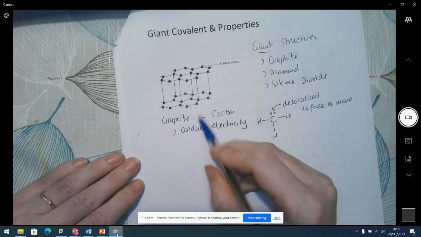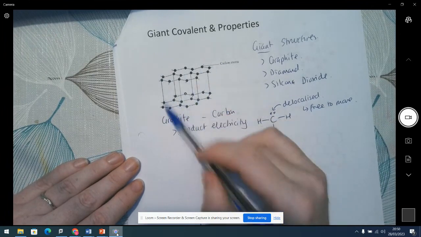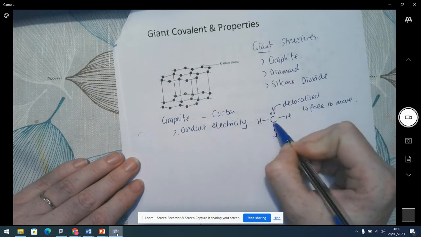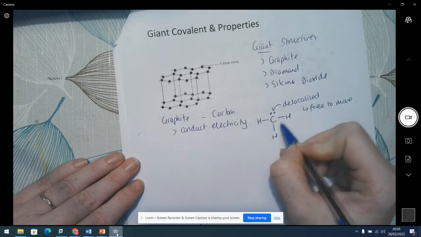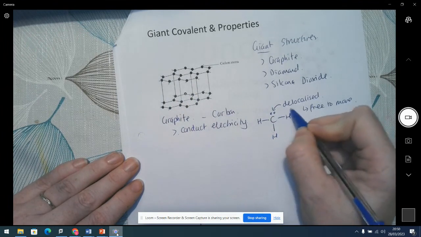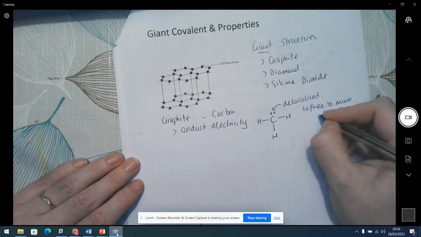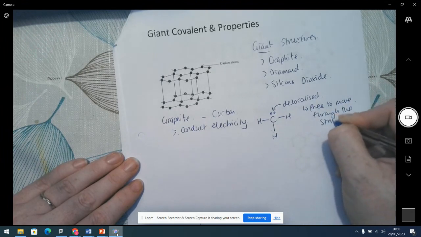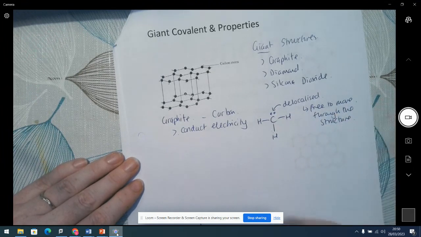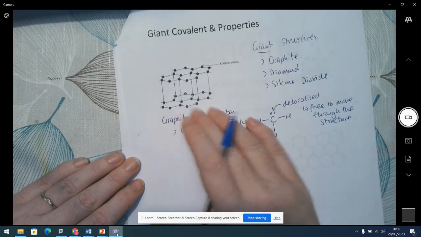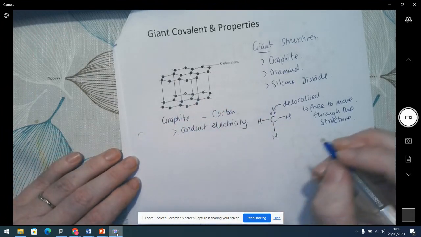And so the graphite molecule, the giant structure, can conduct electricity because its carbon atoms have 3 carbon bonds when it should have 4. And as such, it's got a delocalized electron, which is free to move through the structure. And that's why graphite can conduct. Now, graphite does come up in electrolysis as well, so just be careful, it could link to electrolysis.